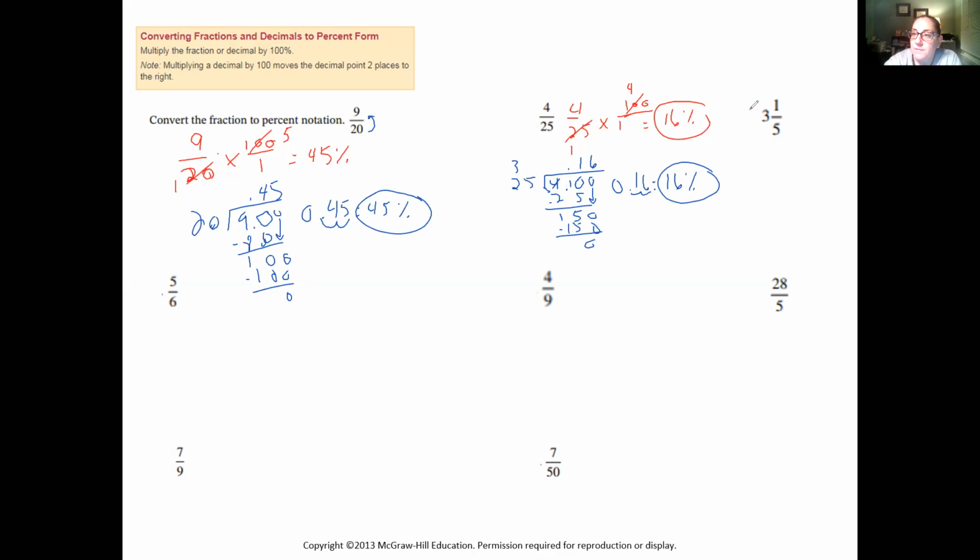So 3 times 5 is 15 plus 1, 16 over 5. So 16 over 5 times 100 over 1. 5 divided by 5 is 1. 100 divided by 5 is 20. And 16 times 20 is going to give you 320%.